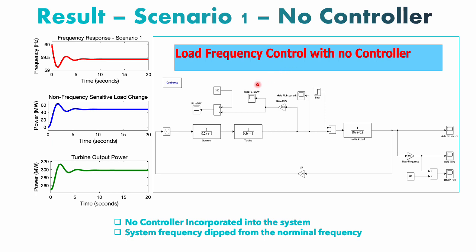If you look at the top left corner of this slide, we realize that there was a frequency dip from 60 Hz to 59.5 Hz. Now, this is our base scenario, and we want to see if there's going to be changes in the frequency. So our main focus here is the frequency graph and also the combined turbine output power.